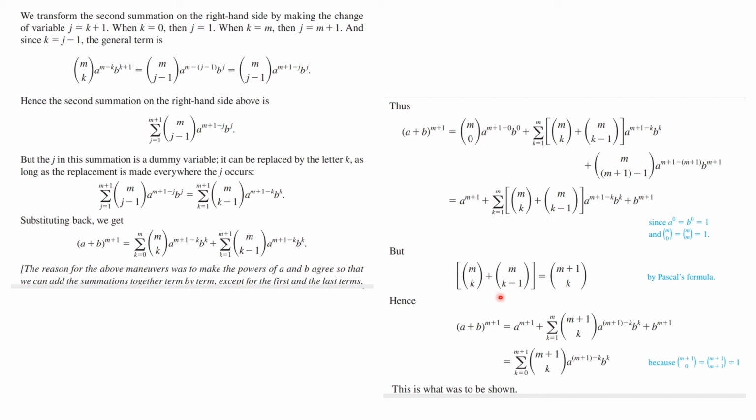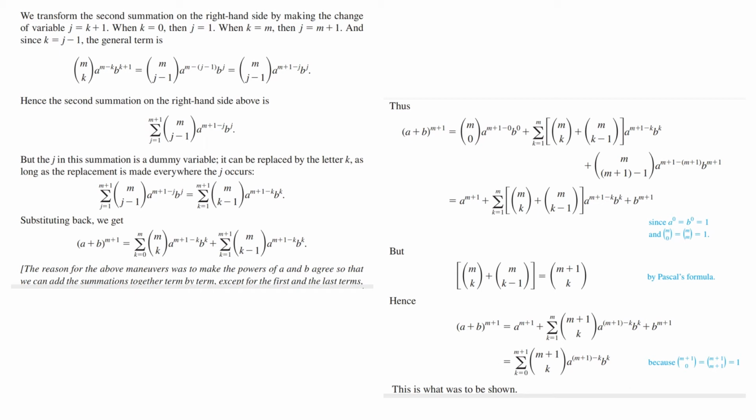But this is the same as this by Pascal's formula. Think through all of this. This is an important kind of calculation. So this is equal to this, which is equal to this when I sum from k equals 0 to m plus 1. And that's what we were supposed to prove.